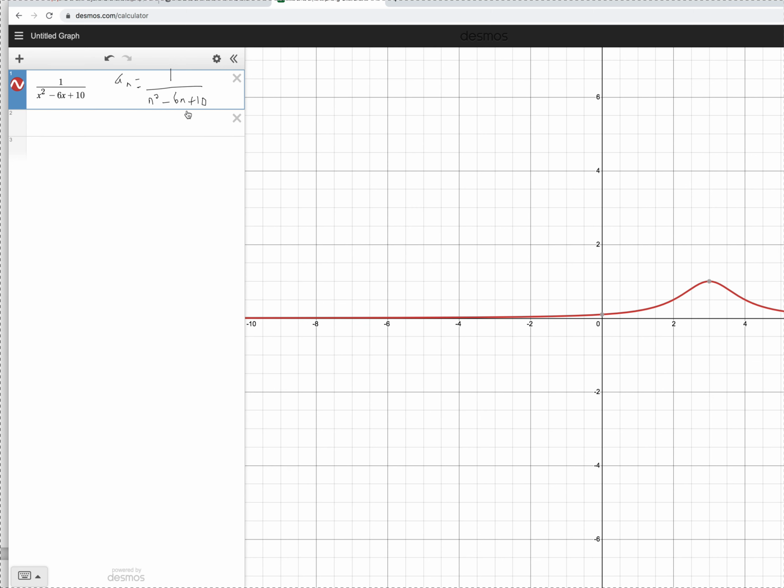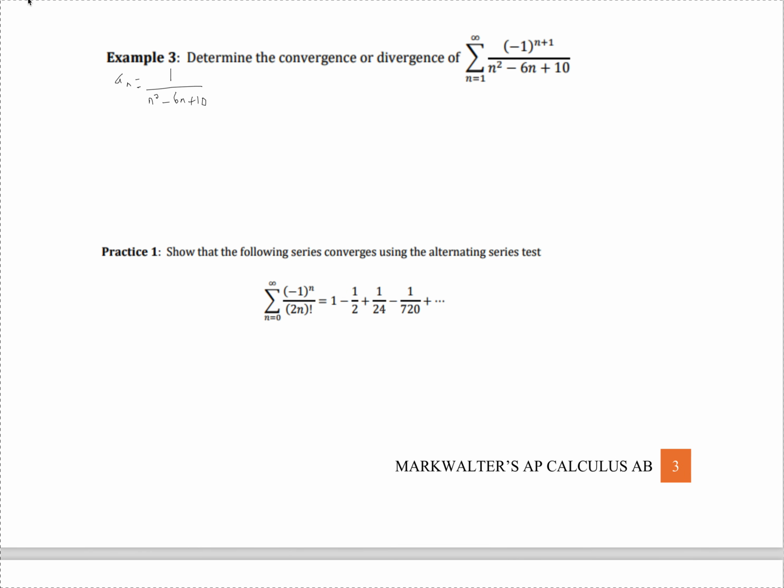And so I go, hey, what's going to happen to my denominator? It actually doesn't factor, because for all x values it is going to stay positive. We can see from this curve here. You can also just run a few tests, plug some n values in here. No matter what n value you choose, the denominator will be positive. So we can go ahead and state that the a sub n terms are greater than 0.